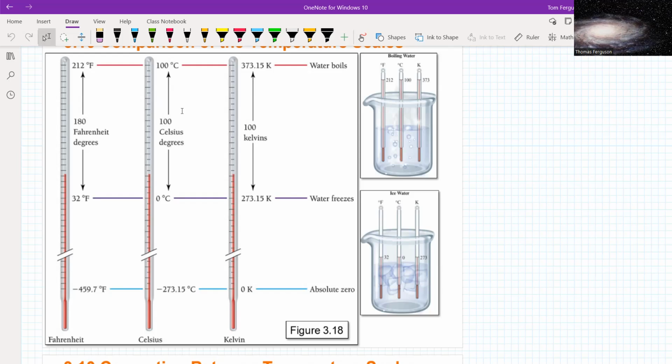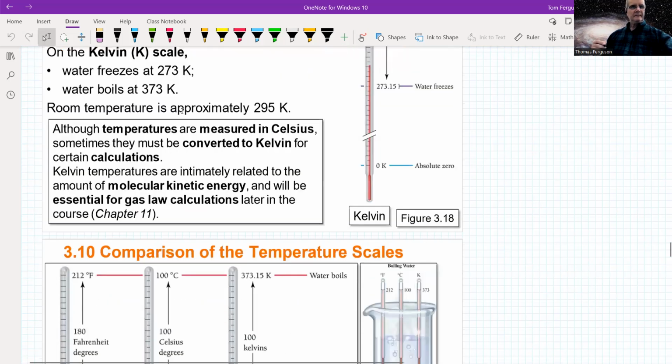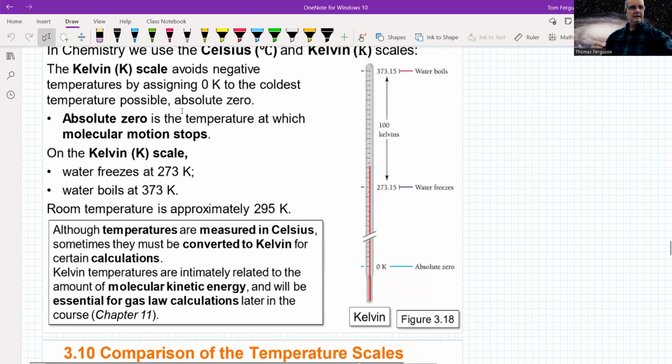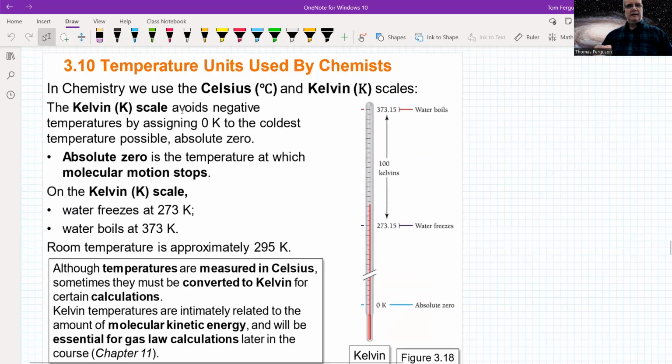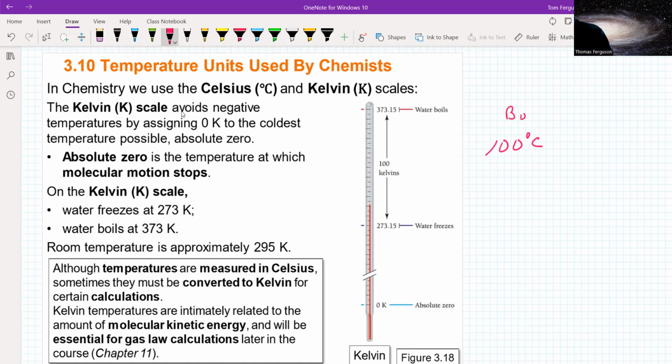Okay, just as a reference now, water boils at 100 degrees Celsius, and what does it boil at Kelvin wise?